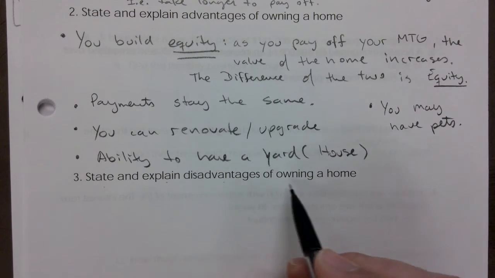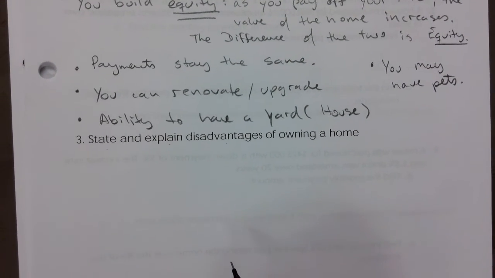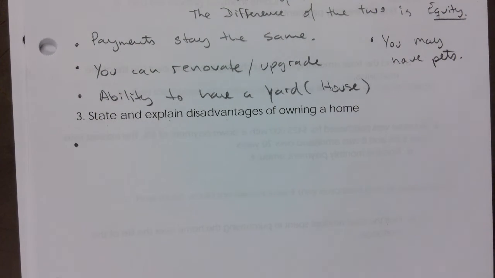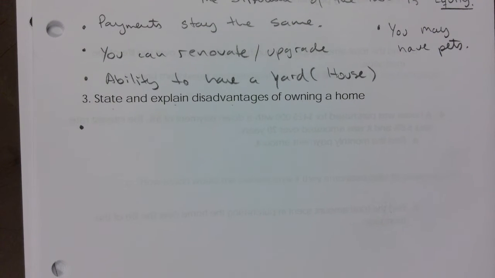State and explain disadvantages of owning a home. In the chat, I need some of your feedback. What would you consider a major disadvantage, a downside of owning a home? I think you can do this one. I'll give you 15 seconds, so just type in what you would say is a disadvantage of owning a home.